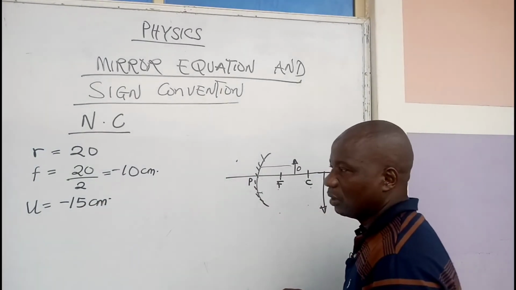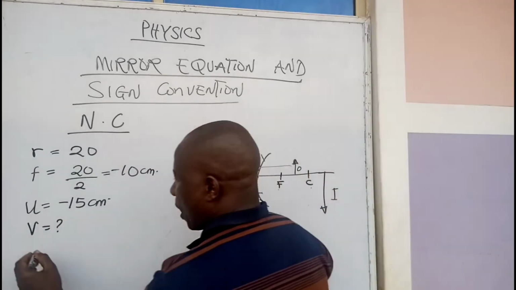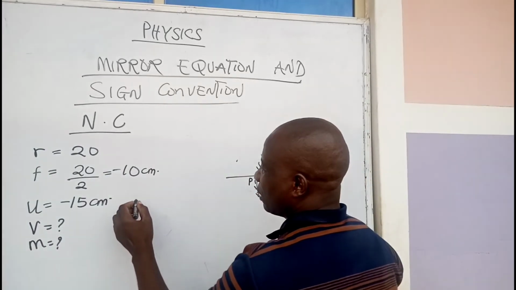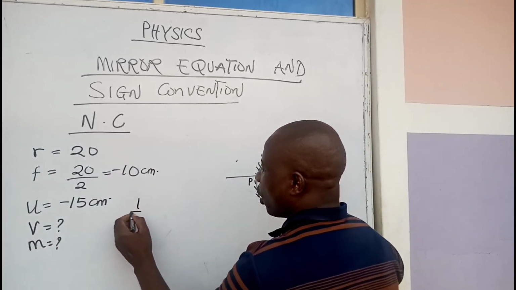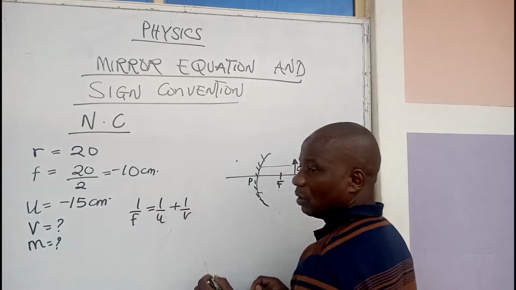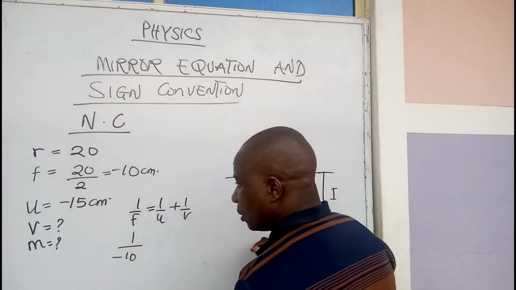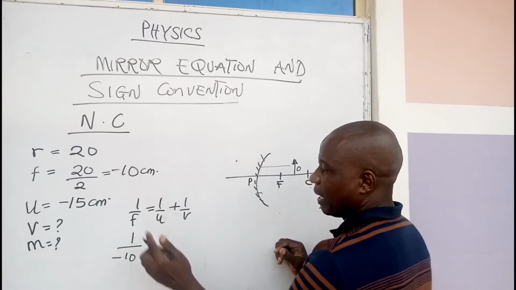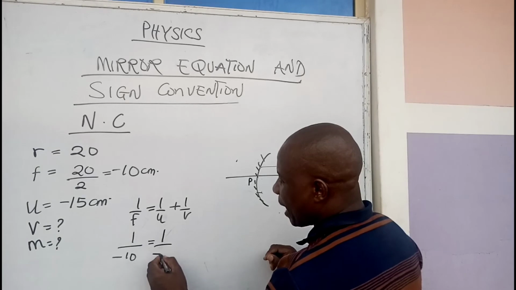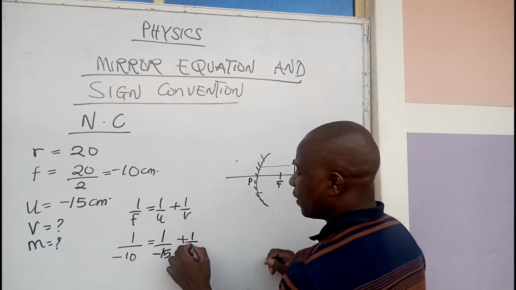Are we there? So we don't know our v. Our v is unknown. Our m is also unknown. So let us now use our formula. The formula: 1 all over f is equal to 1 all over u plus 1 all over v. This one is going to be 1 all over minus 10, because f is minus 10, is equal to 1 all over u, what's our u? Minus 15, plus 1 all over v.